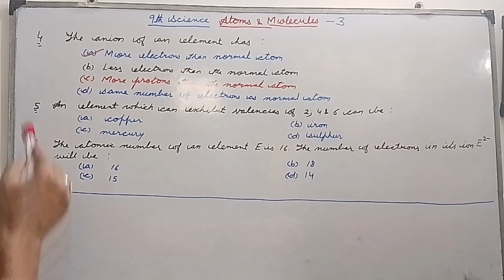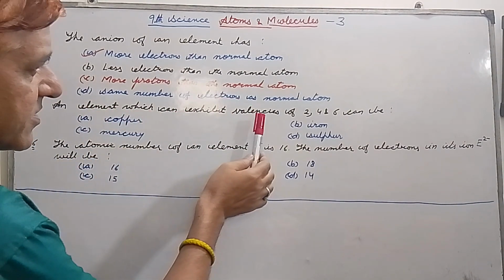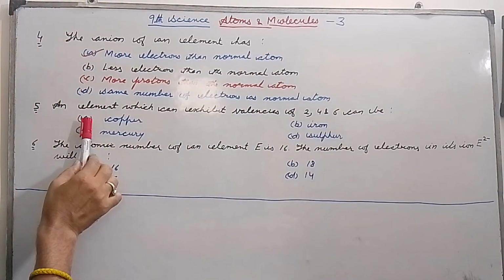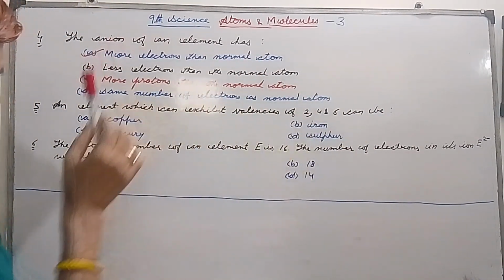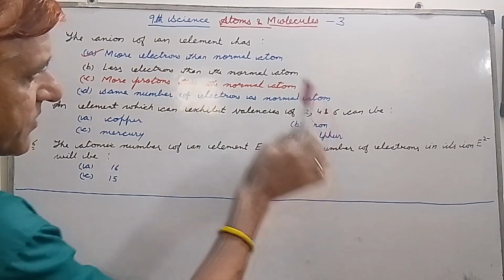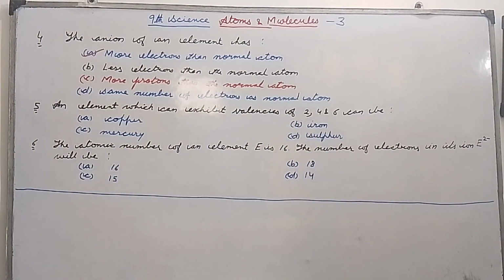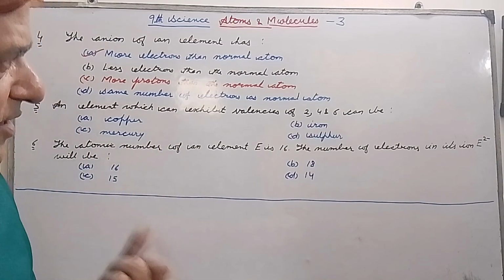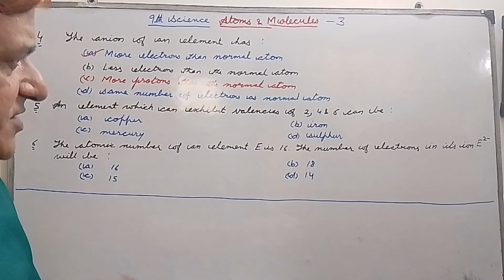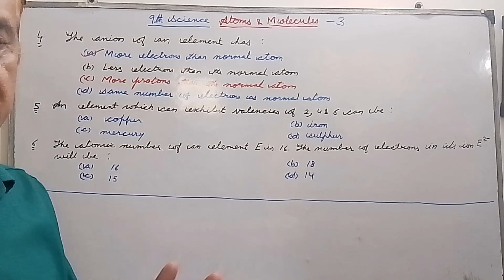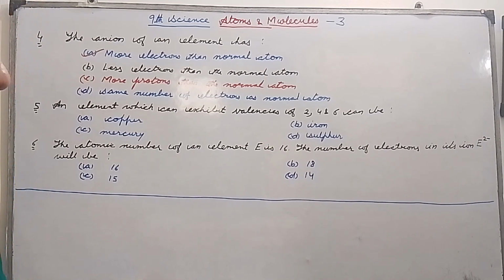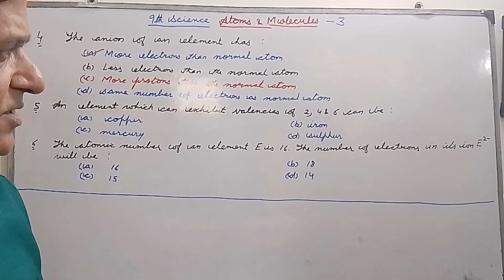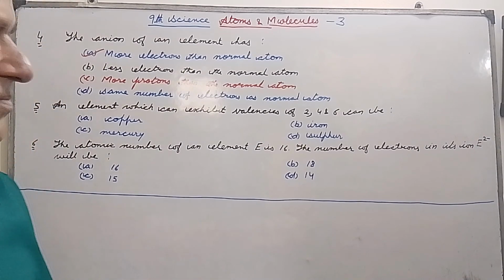Question number 5. An element which can exhibit valencies of 2, 4 and 6 can be: first option is copper, B is iron, C is mercury and D is sulfur. So my dear students, always remember that metals atom can exhibit 2 valencies maximum, but in case of non-metal atoms, they can exhibit valencies more than 2 also.